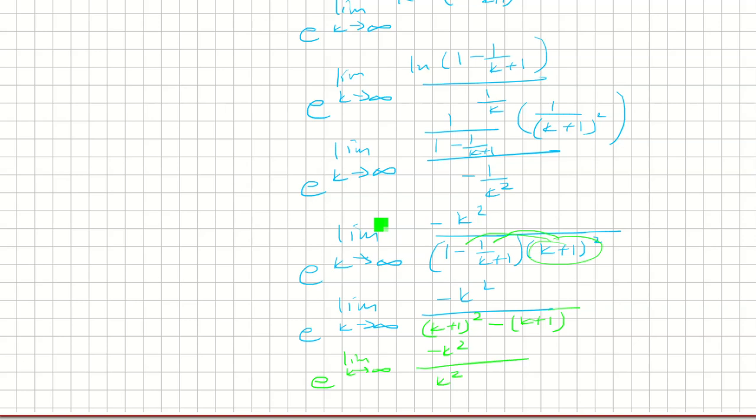If you were to expand it, and then divide everything by k squared, you have negative 1 over 1 plus 1 over k. This goes to 0. You have e to the negative 1 as your limit, that's 1 over e, which is less than 1. And so because the limit is less than 1, it converges by the ratio test.